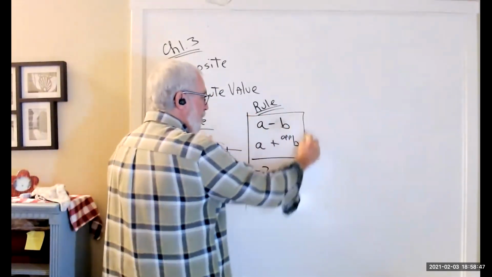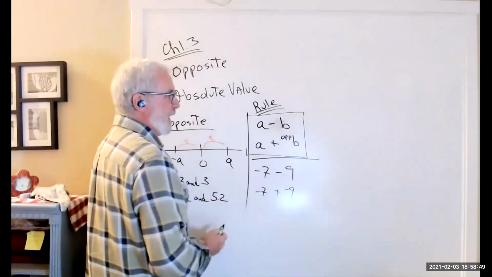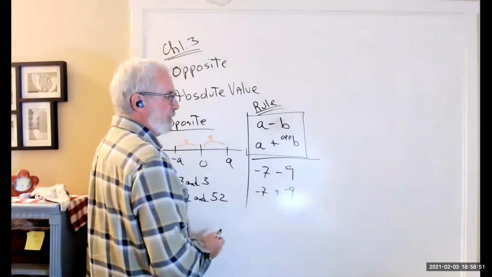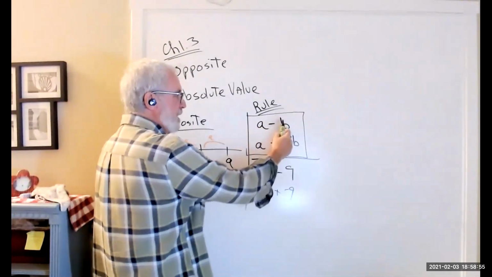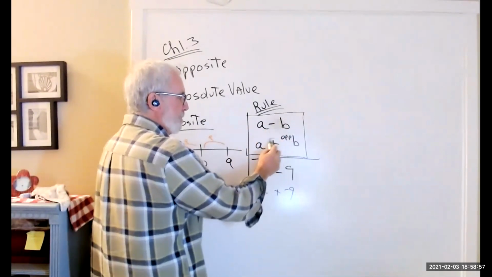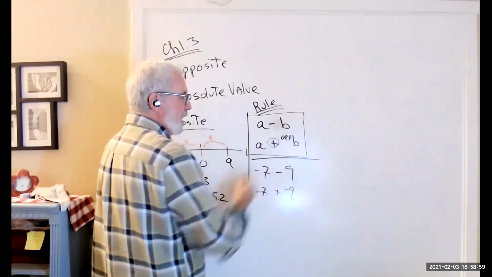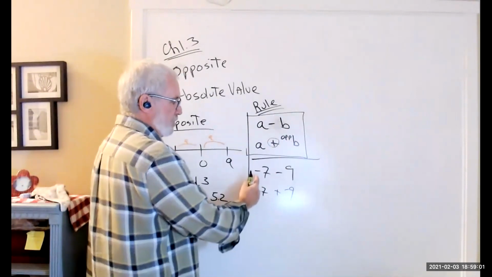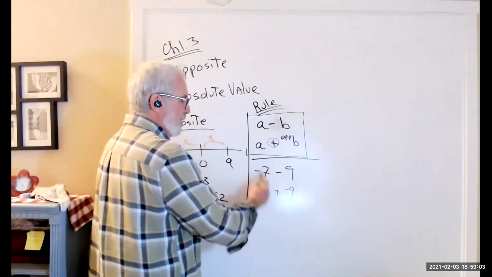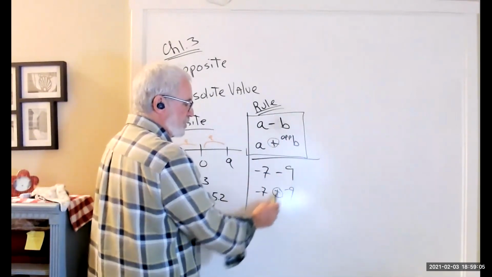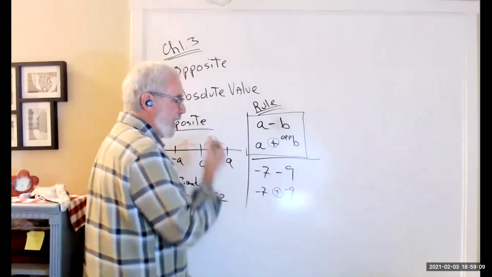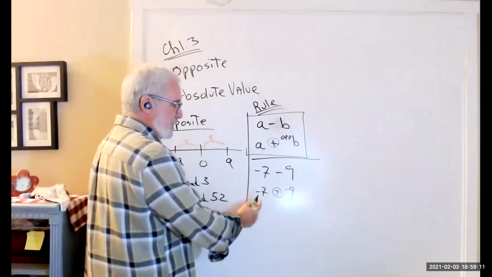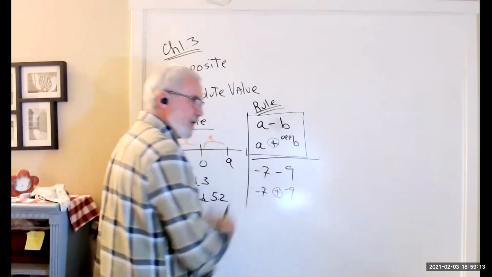This rule is what we use all the time to add or subtract positive and negative numbers. When you have a subtract b, you change it to a plus, and you change this to the opposite of b. So -7 subtract 9 is -7 plus the opposite of 9, which is -9. Now this problem says, hey, I lost $7 and I lost $9.